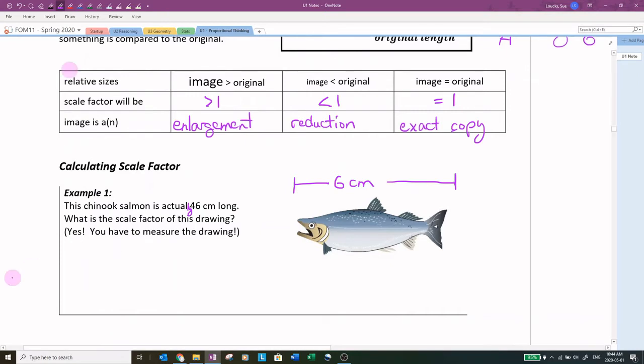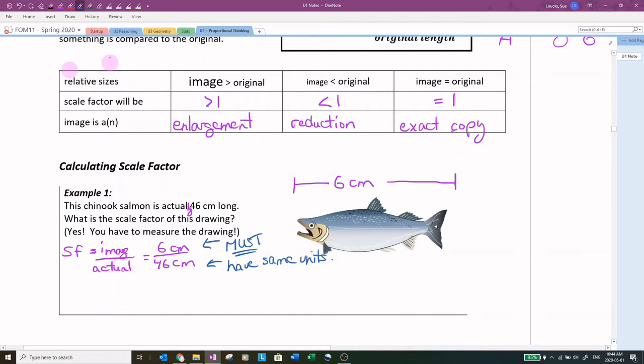Okay, so scale factor, or scale, because the formula is the same. Scale factor equals image over actual. Plug in my numbers, it's 6 centimeters, and the actual size was 46 centimeters. Now, it's critical that these two numbers have the same units.